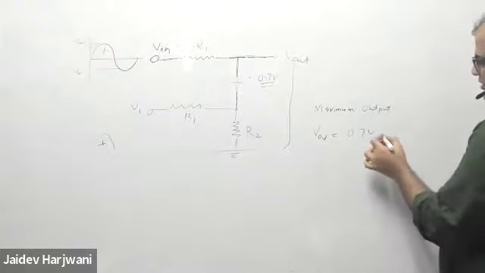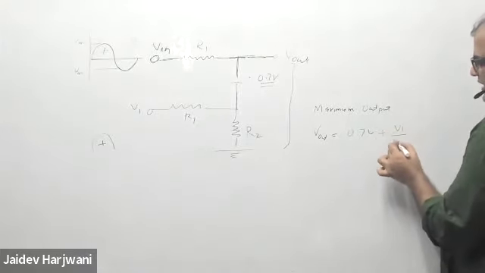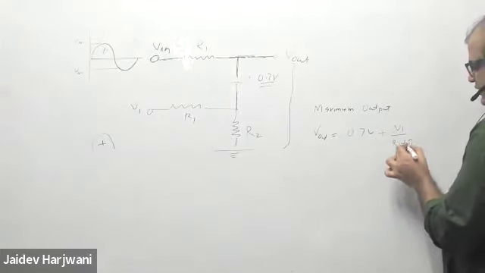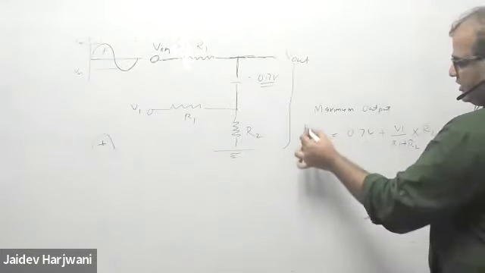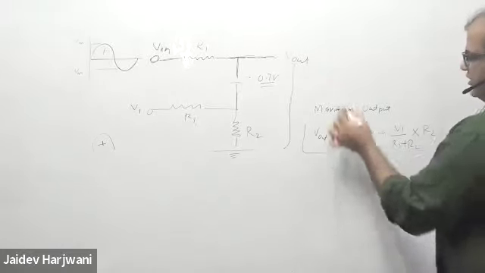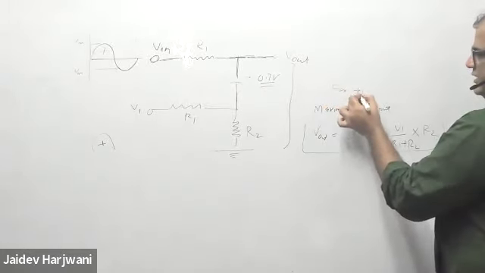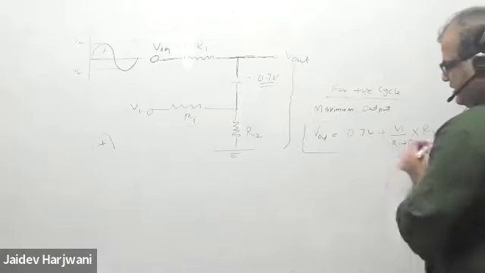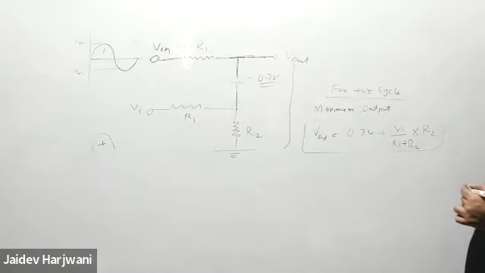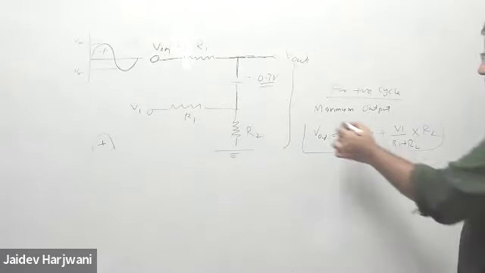So this is V1 divided by R1 plus R2 into R2. This is for positive cycle, this is my V output value, maximum output value.